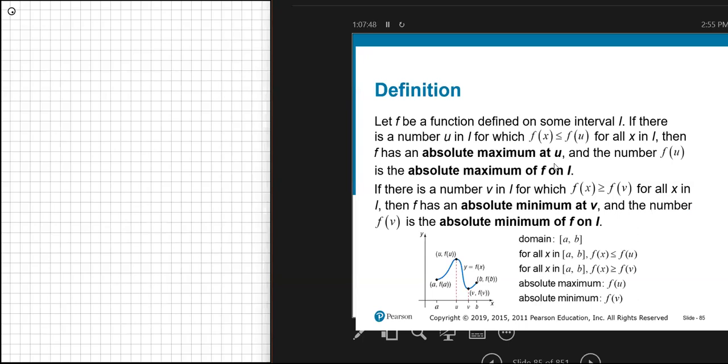If the function keeps going to infinity, then you don't have an absolute maximum. Same thing with absolute minimum. The absolute minimum is the smallest y value that the function can obtain. But if it goes to -infinity, it doesn't have an absolute minimum.